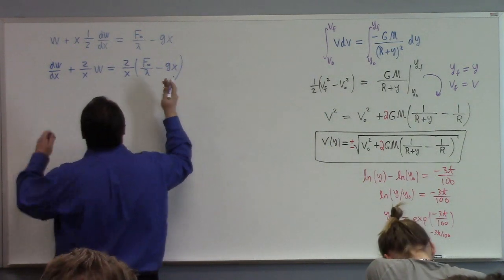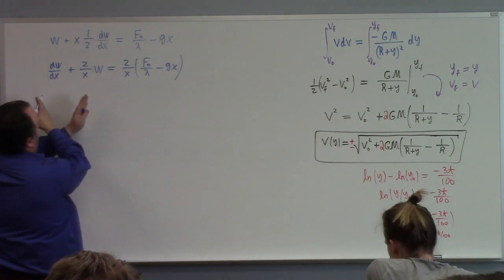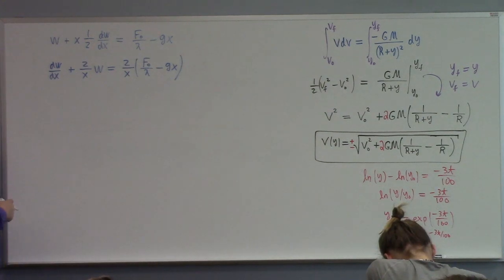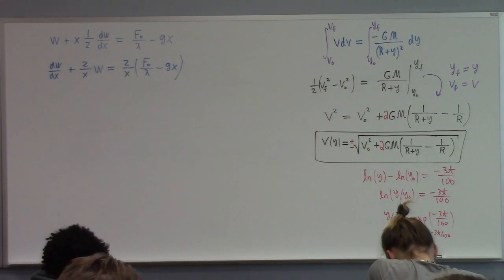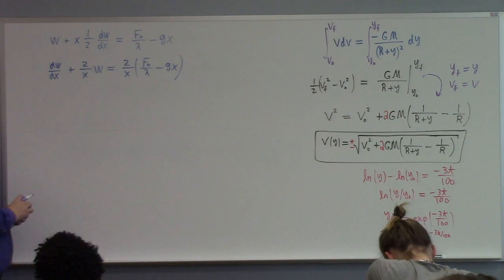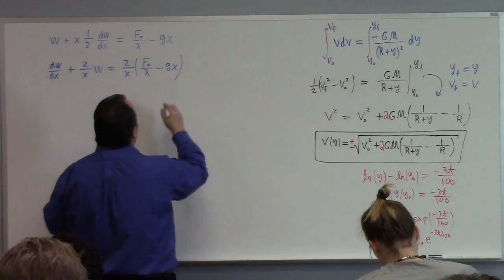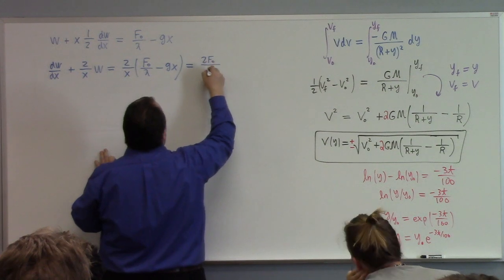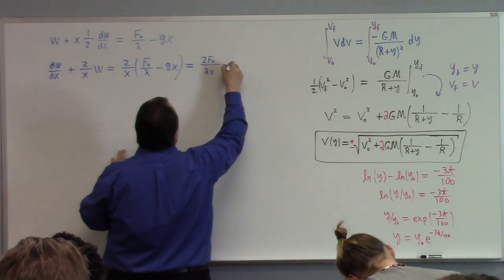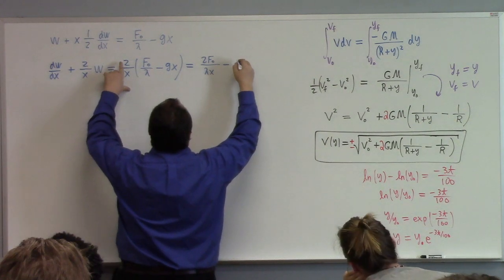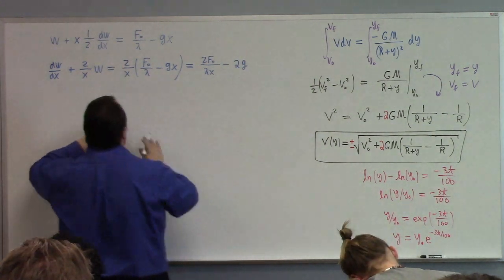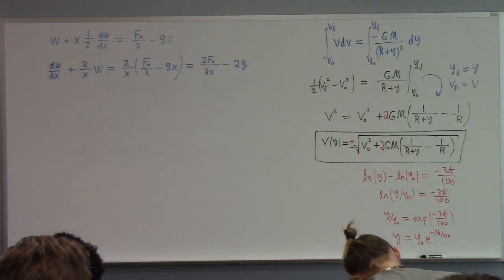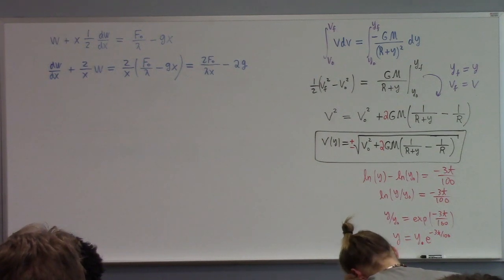So what I did was I rewrote these in the opposite order, and I multiplied the whole equation by 2 over x. That cancels out the x over 2, right? And it also reveals that, hey, this is actually, what? What we got here? We have 2 f naught over lambda x minus what? Just 2g, right? What's this? Yeah, this is a linear equation, so we can solve this.